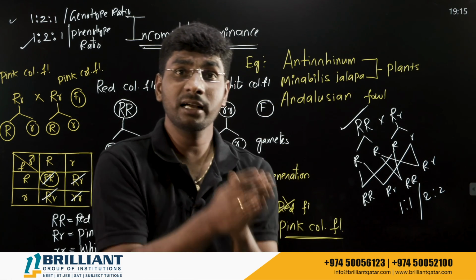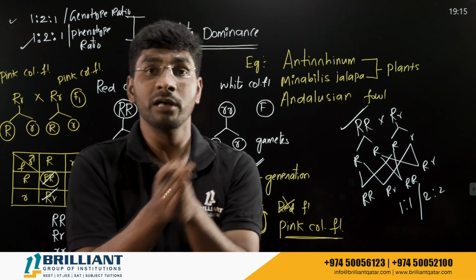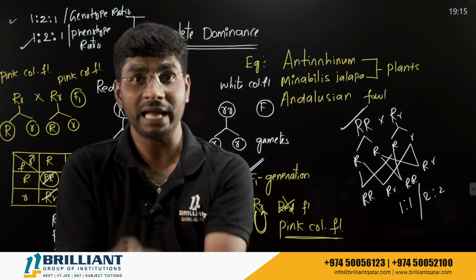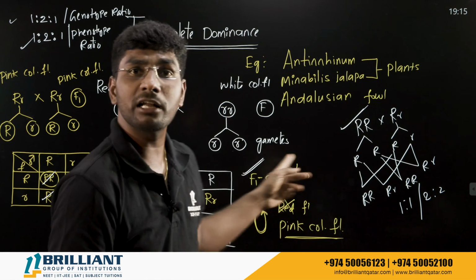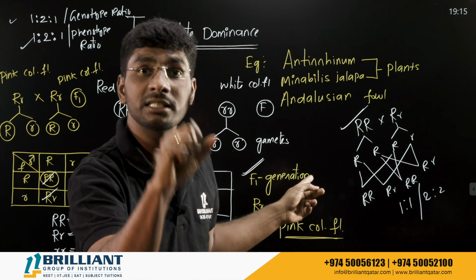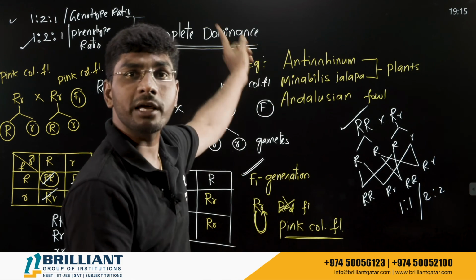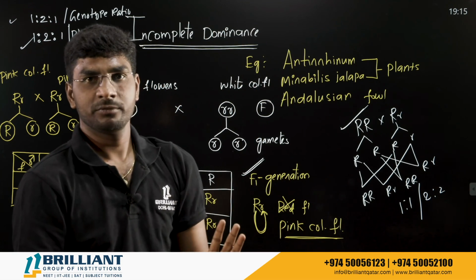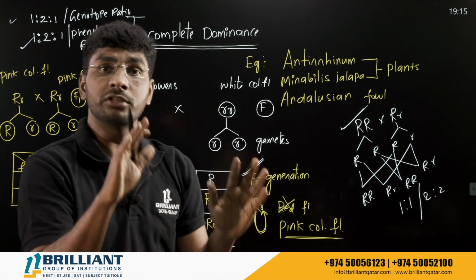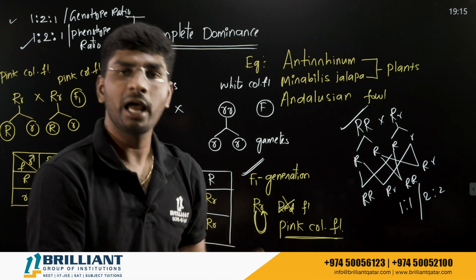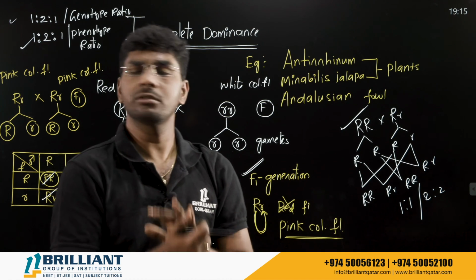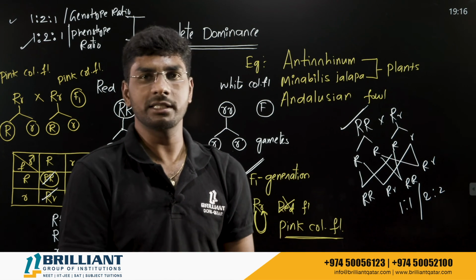If they are asking red color flower of Antirrhinum, snapdragon, or black color feather or blue color feather of Andalusian fowl, our answer is focusing on incomplete dominance. You got my point? This is for the CBSE examination for 3 marks, and also NEET like competitive purpose. This question is often asked in the examination.